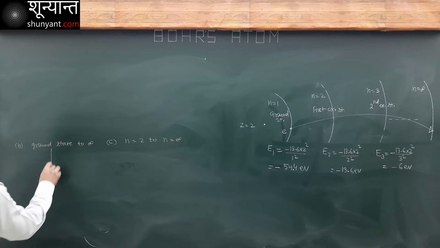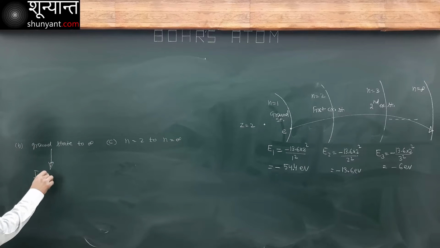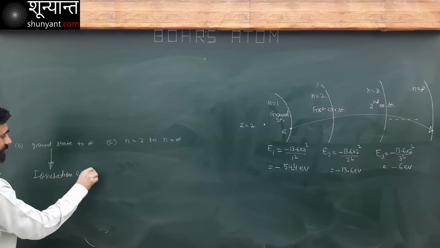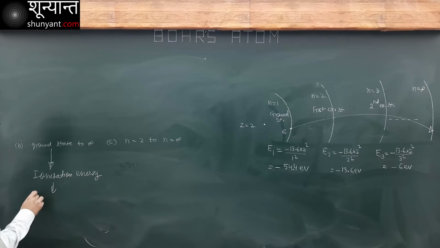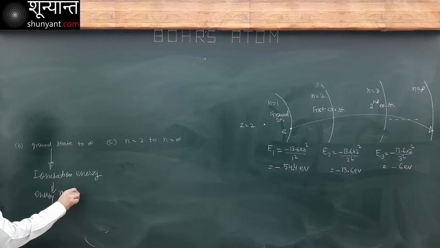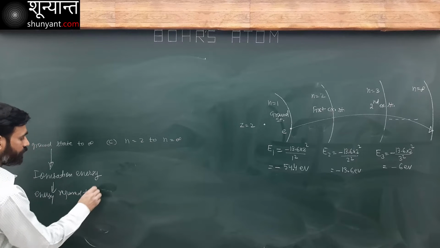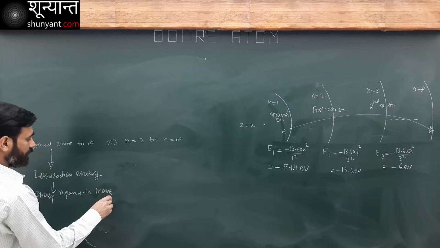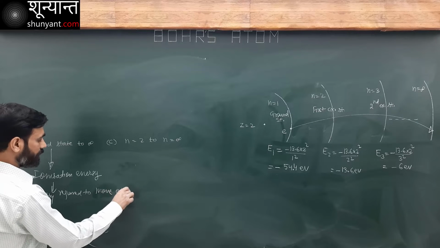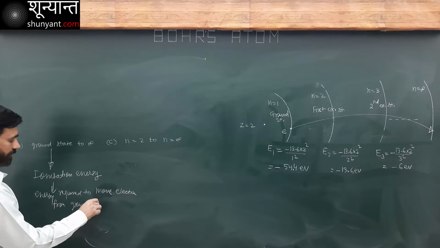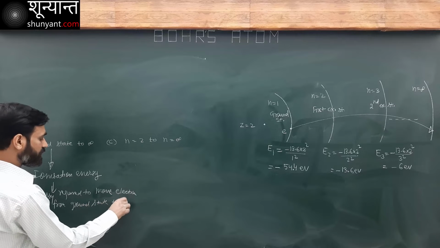Okay, so here this is known as ionization energy. Energy required to send or move an electron from ground state to n is equal to infinity.